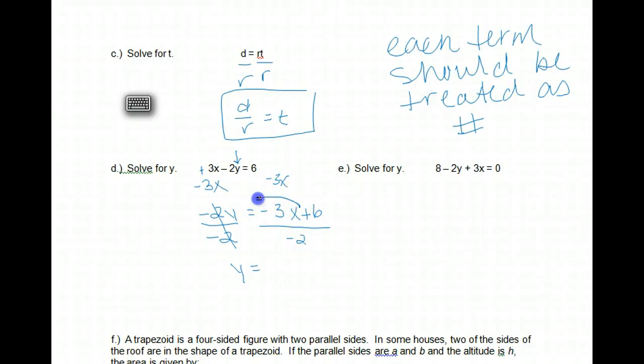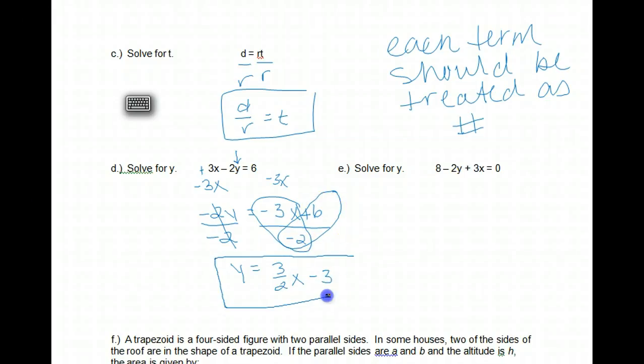Now, I'm going to divide each term by -2 right now. So I have 3/2 x, and 6 divided by -2 is -3. And I have now solved my equation for y.